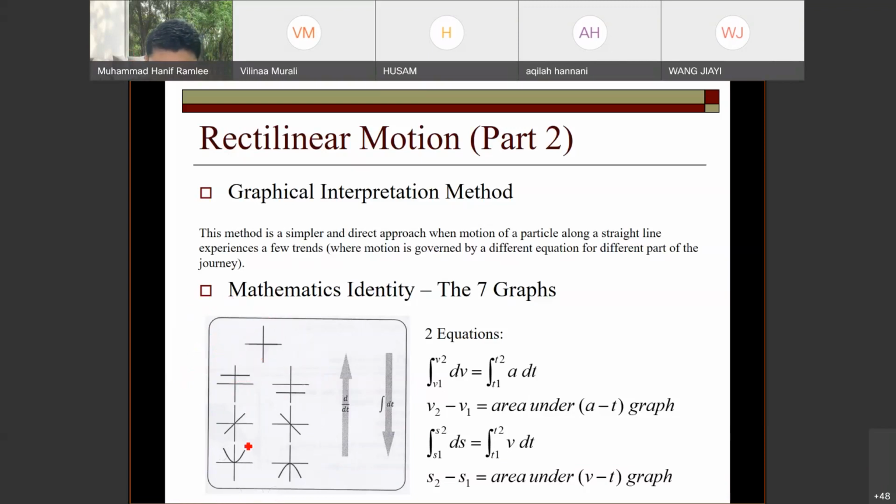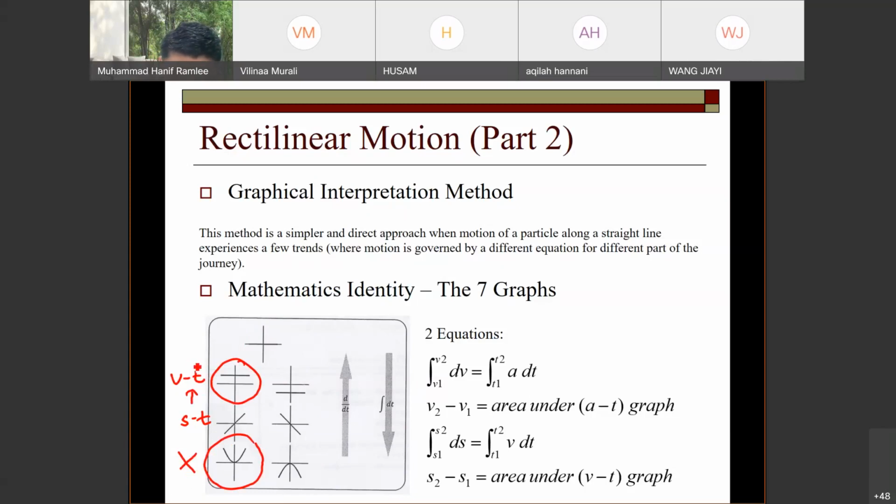Let's say the ST graph is here. If you want to have the VT graph, you differentiate to get the VT graph here, like this pattern. This one is not used in your calculation or your solution.